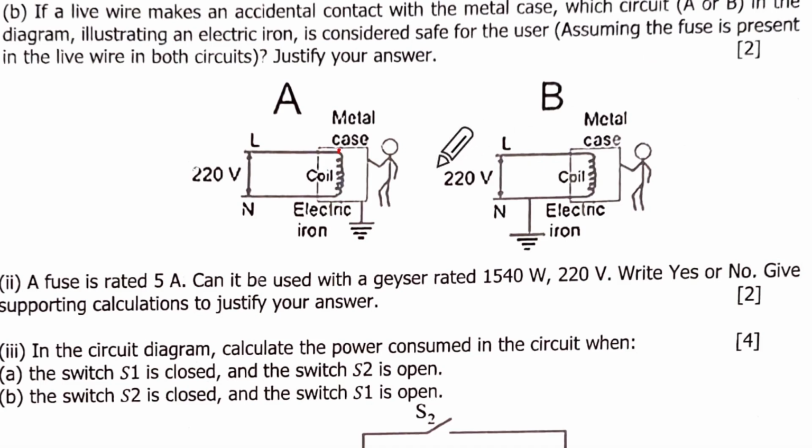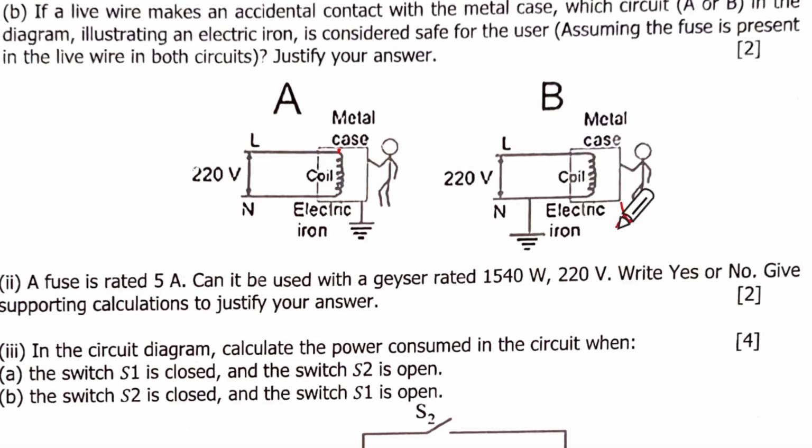Which circuit A or B in the diagram illustrating an electric iron is considered safe for the user, assuming that a fuse is present in the live in both cases? So the person touching this, what does it say? Live wire, the metallic case. And here can you see, this is not the metallic case, that is.